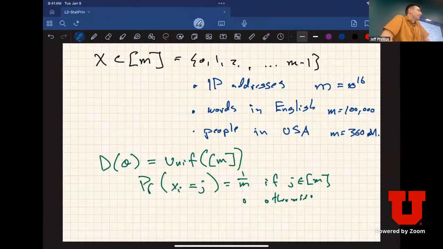Well, you're going to have to standardize the IP address, the words, or the people, because you have different metrics. Okay, I want to say everyone is associated with exactly one number. Like my number is 1,752,024, right? But everyone's associated with a number, right?